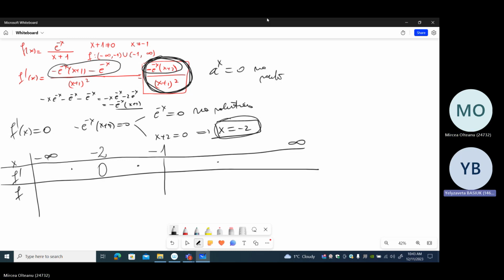The derivative is not an exponential. It is something very complicated. It is a multiplication between an exponential and a function of degree 1. It has a denominator. So don't simplify too much, because things are not that simple.